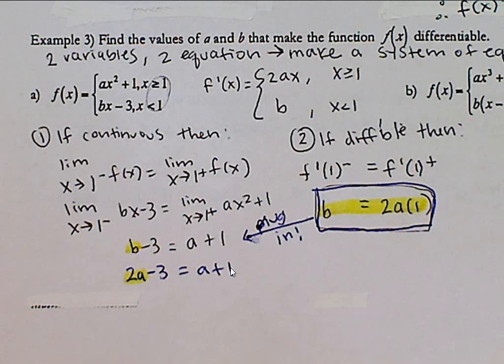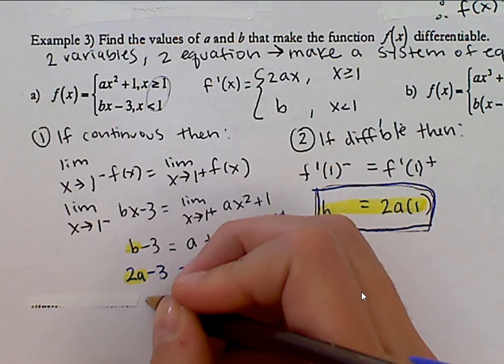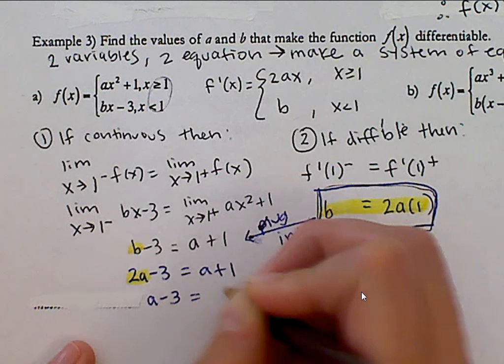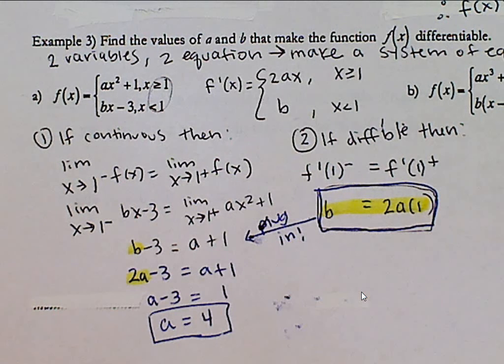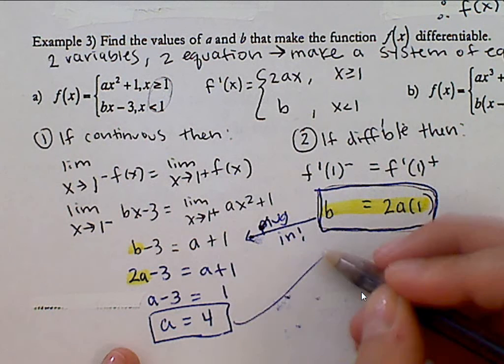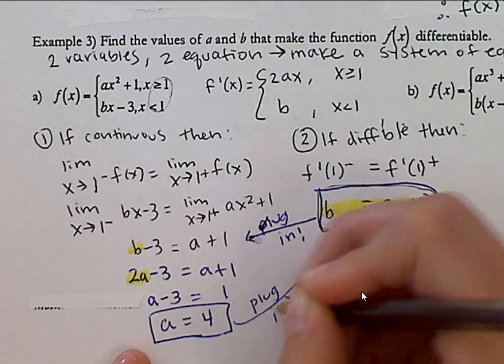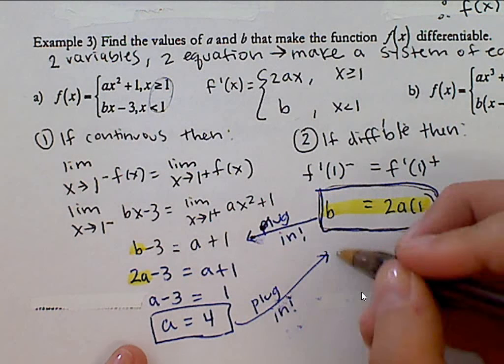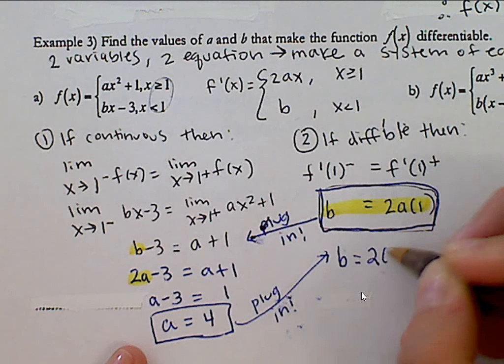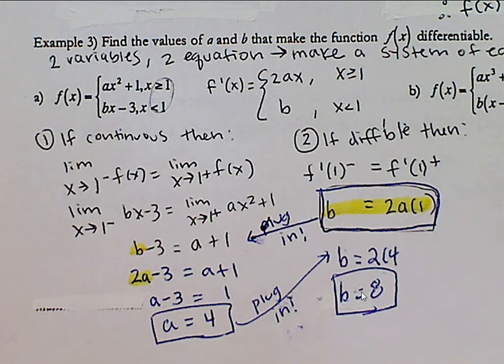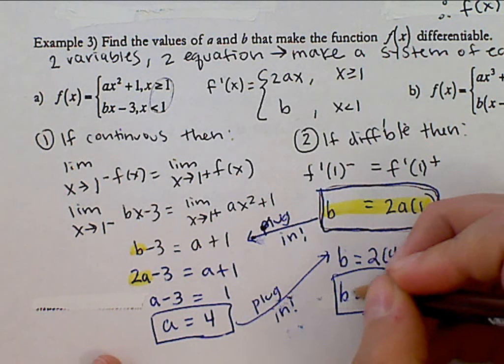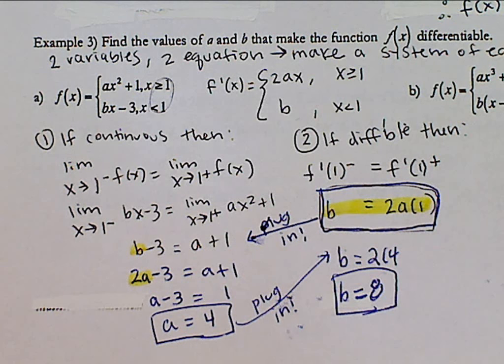And now I only have one variable. I can solve for a. So subtracting a from both sides, I get a minus 3 equals 1, which means a equals 4. And then if a equals 4, I can plug in over here again. And I get b equals 2 times 4, so b equals 8. And those are the values of a and b I need for this function to be differentiable.